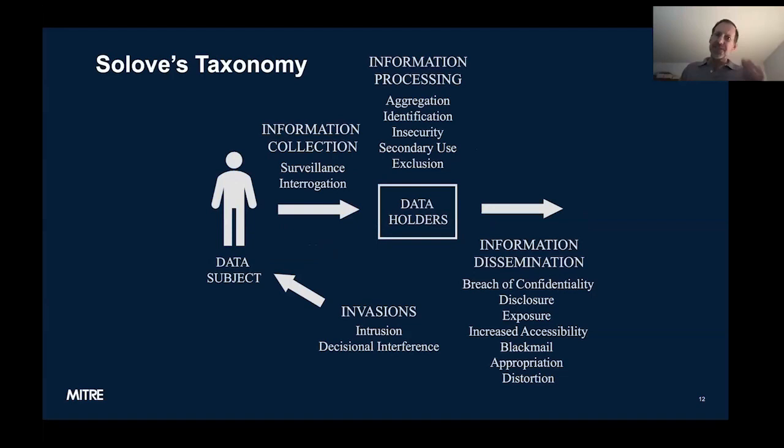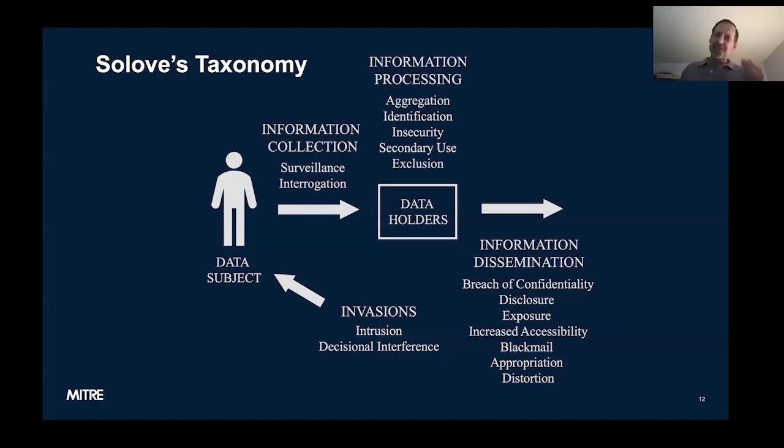And what he did was he developed this from the bottom up, rather than start with some overarching definition of privacy and privacy harms. He surveyed the privacy case law and basically just tried to zero in on the things that people seem to consider privacy problems or privacy harms.